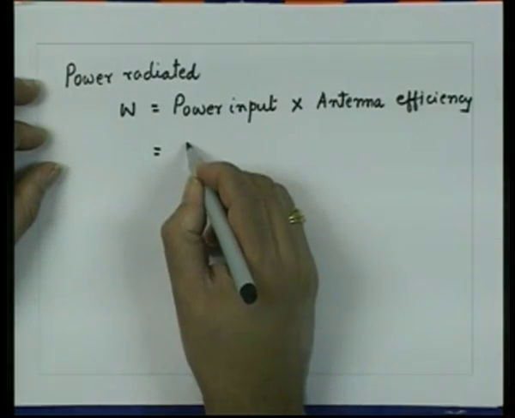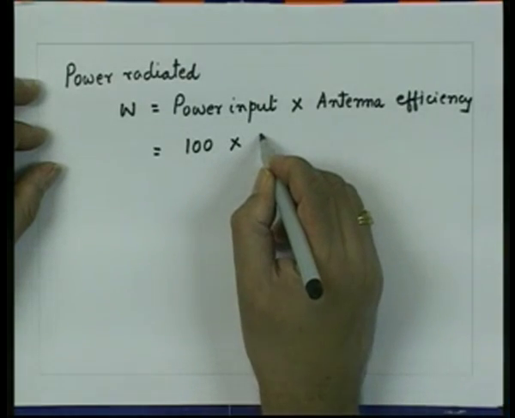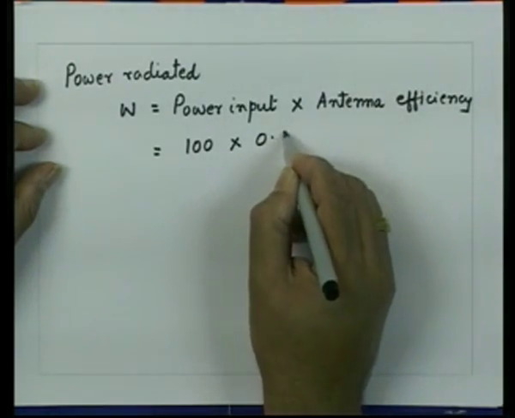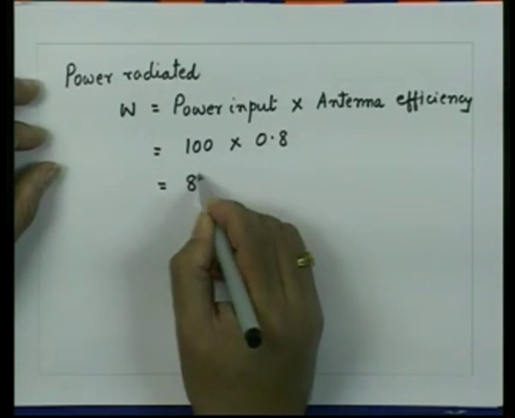It is given the input power to the antenna is 100 watts and the efficiency of the antenna is 80%, that is 0.8. So, the total radiated power is 80 watts.